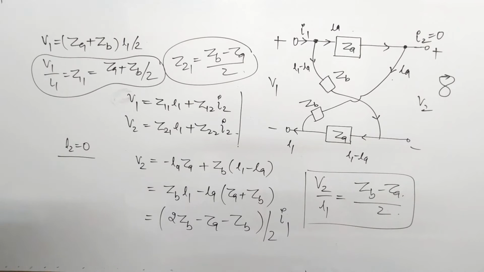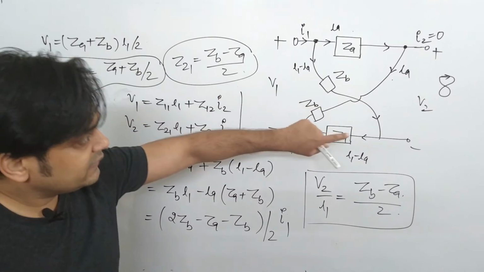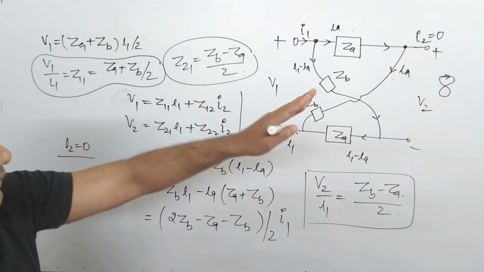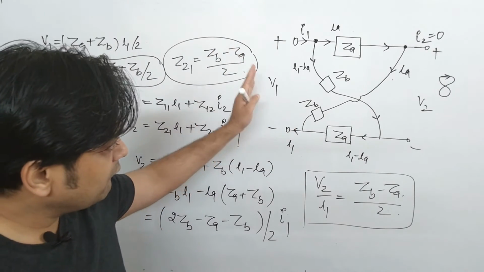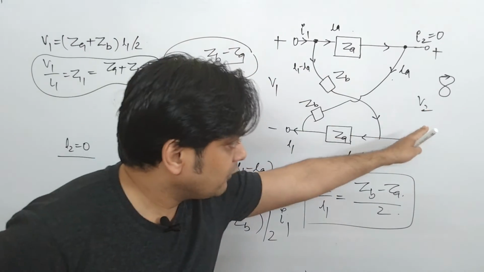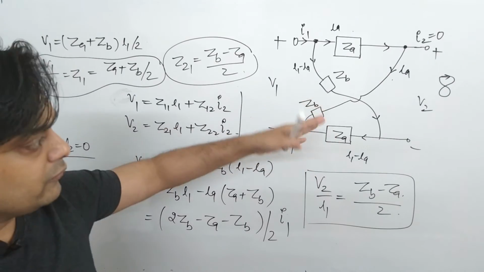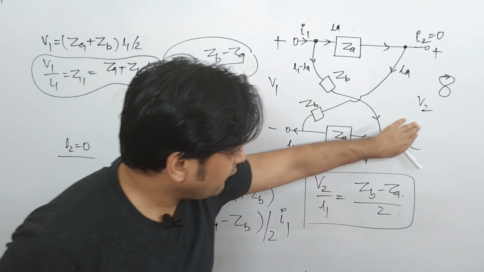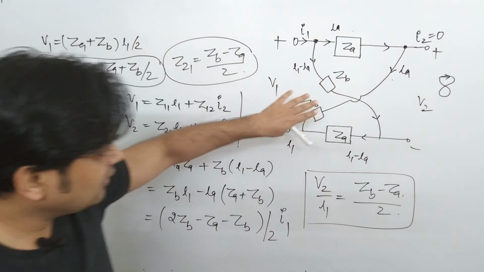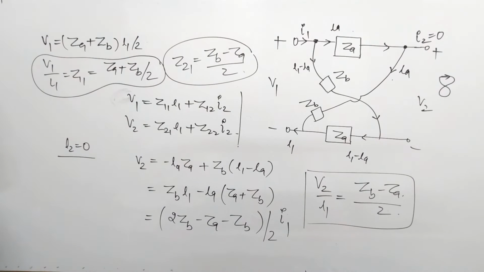Now, in the same fashion, first we found from V1, now we will find from V2. I'm not going to find it, just try to understand. If you find the same thing from here, you will get the same solution.